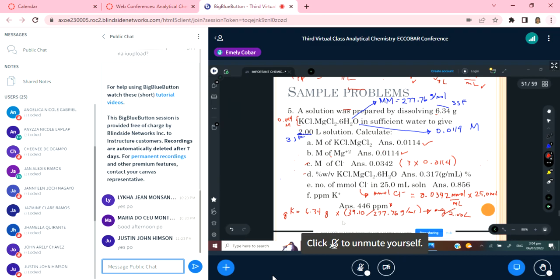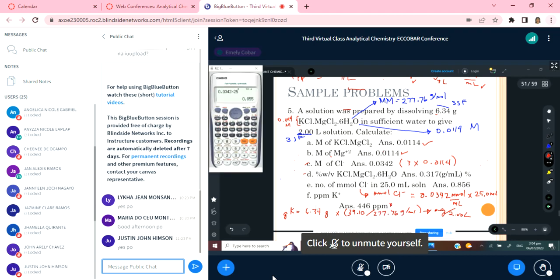So, anong makukuha natin? 6.34 times gravimetric factor 39.10 divided by 277.76 equals 0.8924, ang haba, di ba? Grams yan.